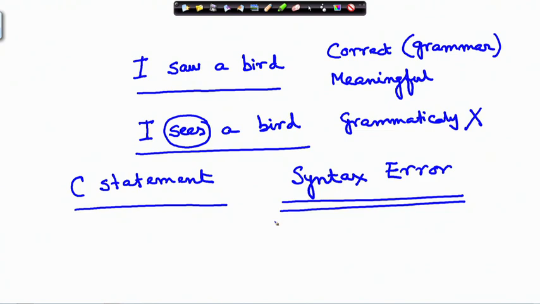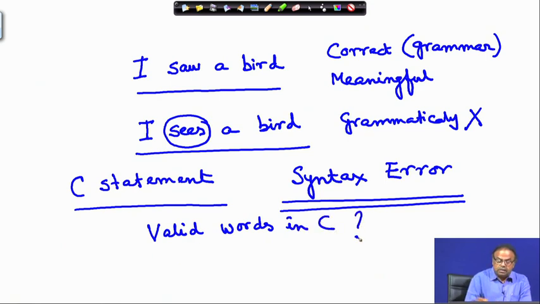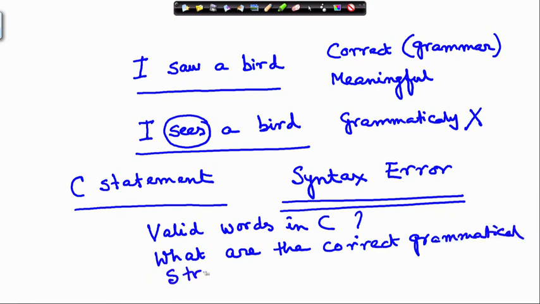So, therefore, we need to know what are the valid words in C, and what are the correct grammatical structures in C. Now, if we learn both these, we learn the C language.